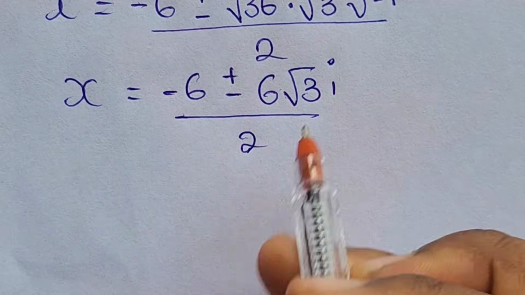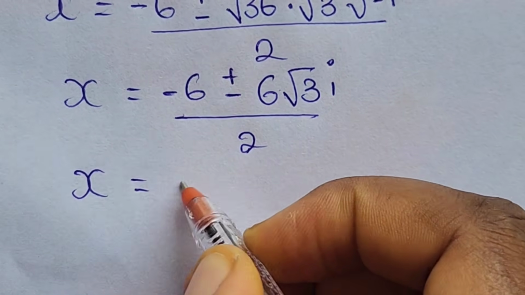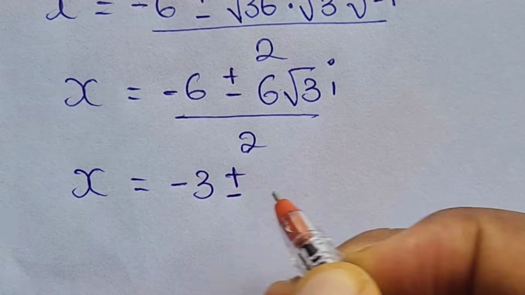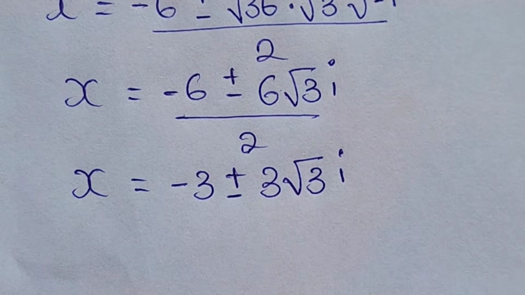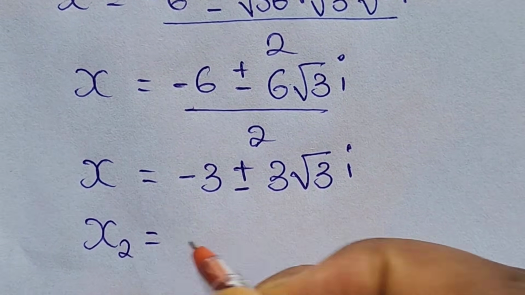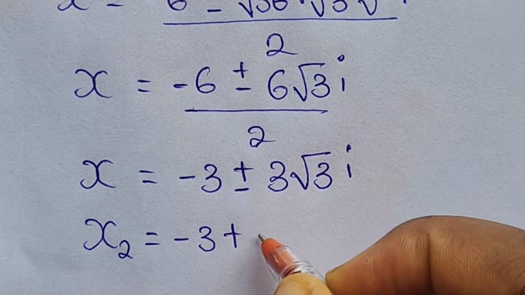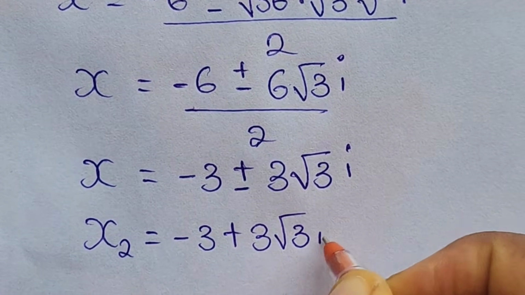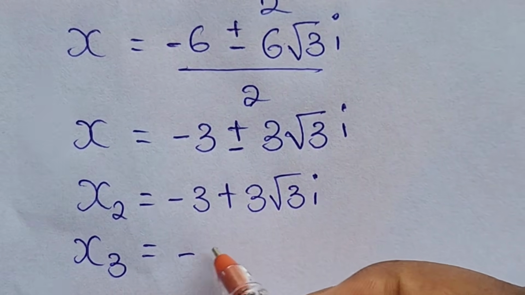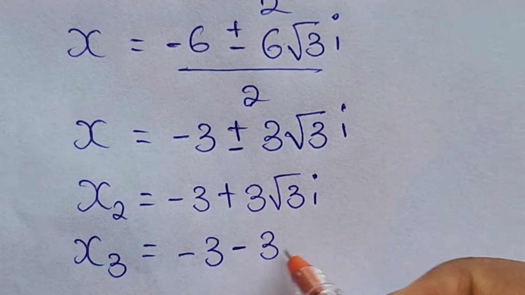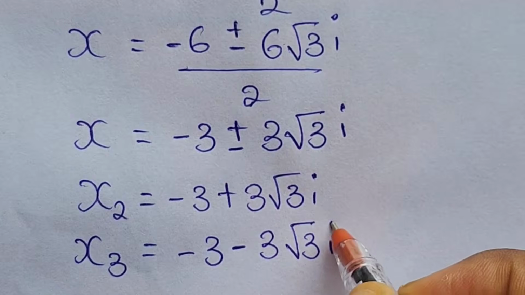So these two dividing through, we have that x is equal to minus 3 plus or minus 3 root 3 i. x2 is equal to minus 3 plus 3 root 3 i, and our x3 is equal to minus 3 minus 3 root 3 i.